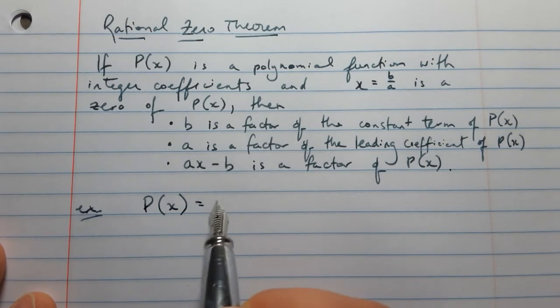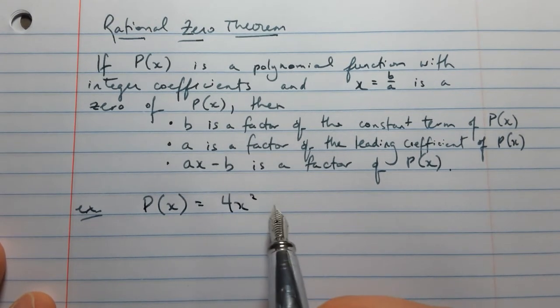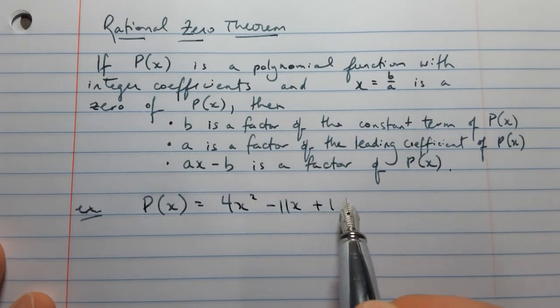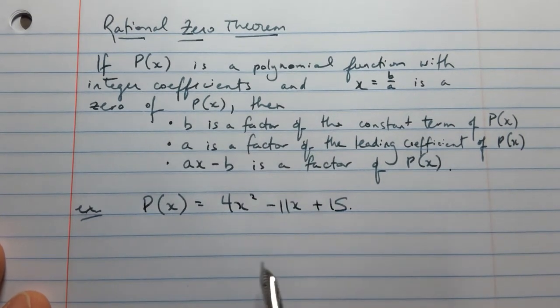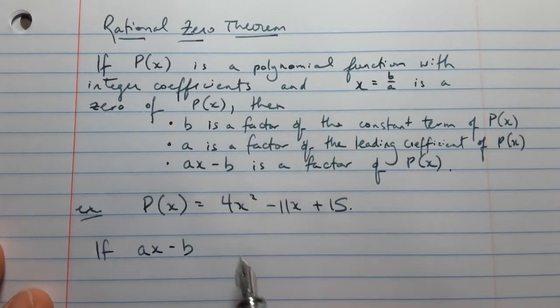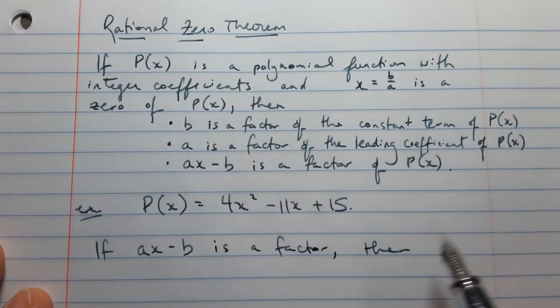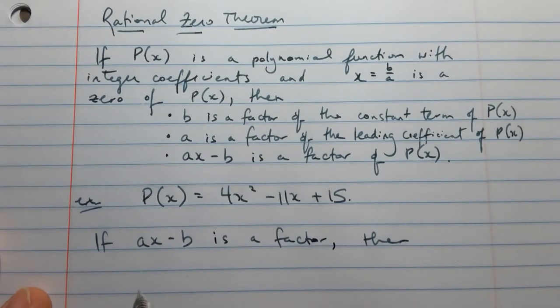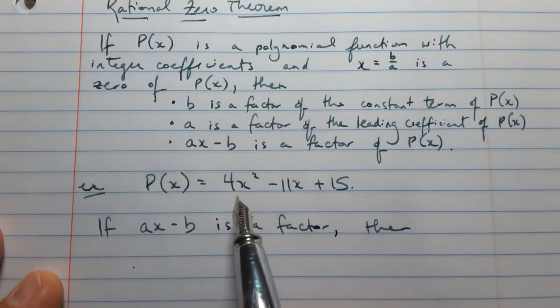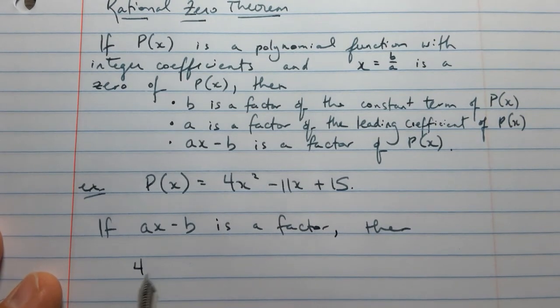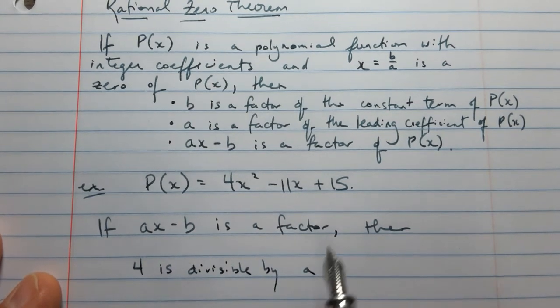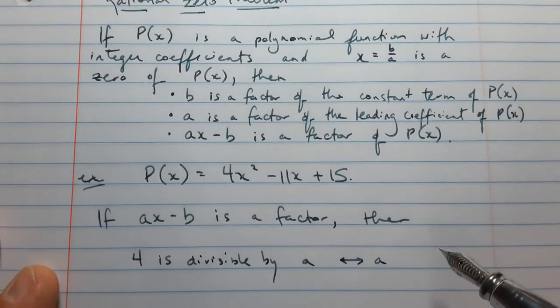Let's say p of x equals 4x squared minus 11x plus 15. So if we had something like ax minus b is a factor, then what do we know? A is a factor of 4, or another way to say that is 4 is divisible by a.